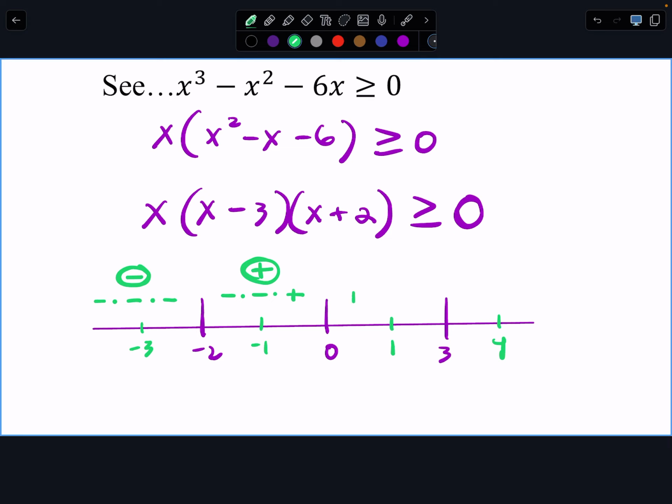Plugging 1 in, that's plus times negative times plus, which would be a negative. Are we following this okay? And then plugging 4 in, plus times plus times plus, which would be positive.